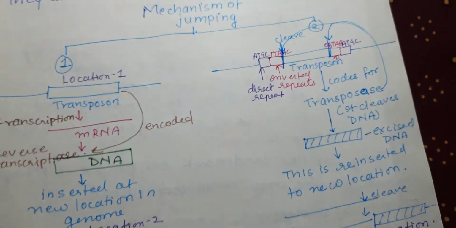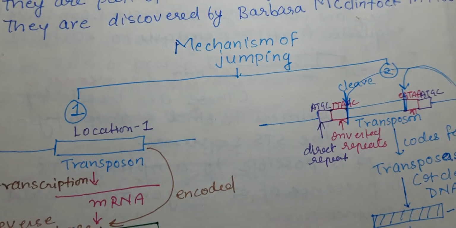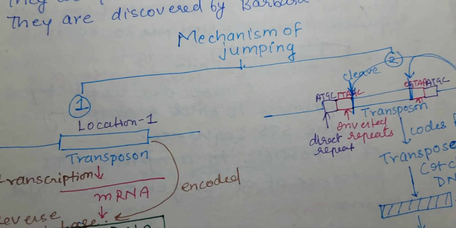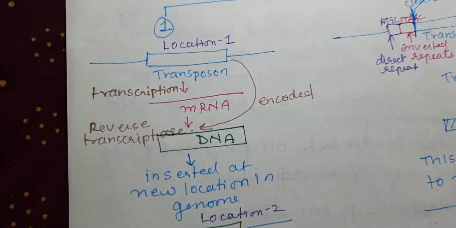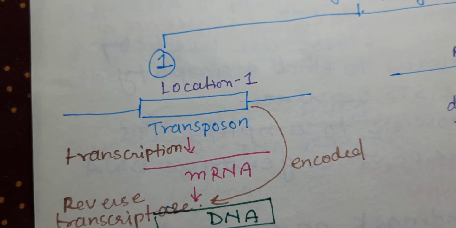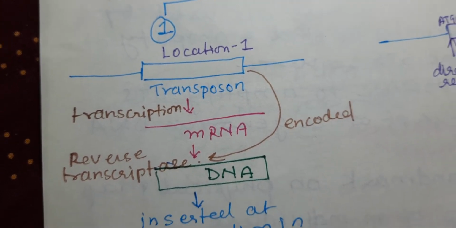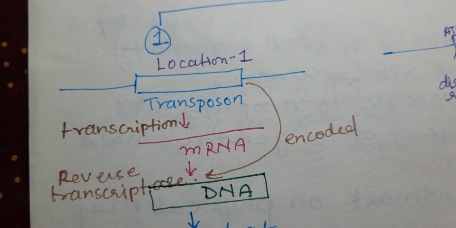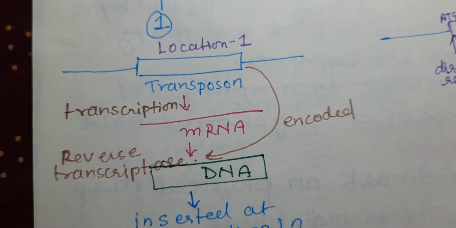So there are two different categories of transposon based on how they move from one location to another. So let's consider the first one. Suppose this is a transposon located in a genome. This is its location 1. Now what will happen? This transposon will form RNA, okay, and from the RNA it forms the DNA.